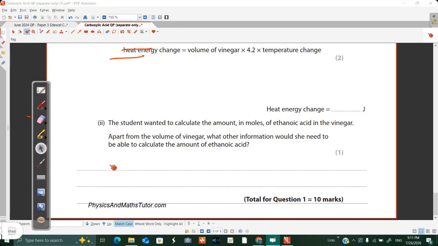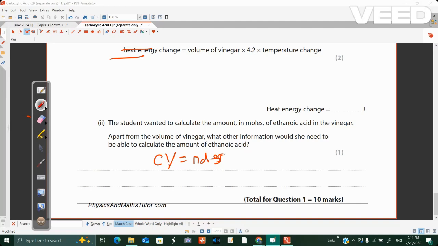What is the other information you need? The volume is given. What is the other one? Molar mass, concentration? The other information is the concentration. Concentration multiplied by volume is equal to number of moles.